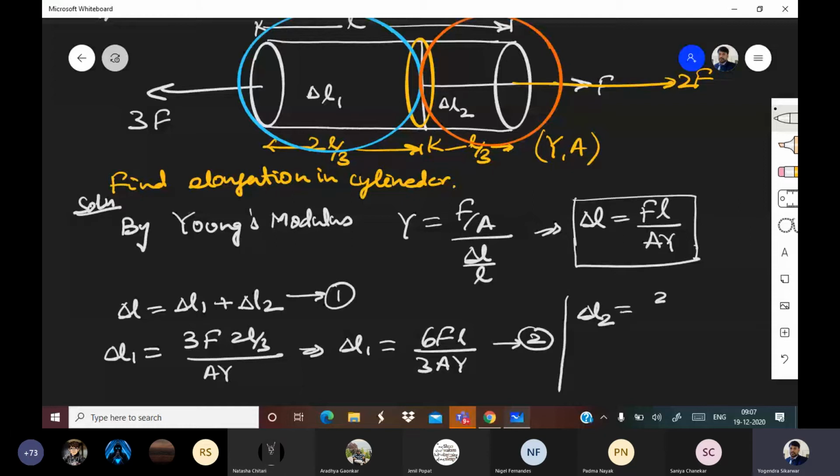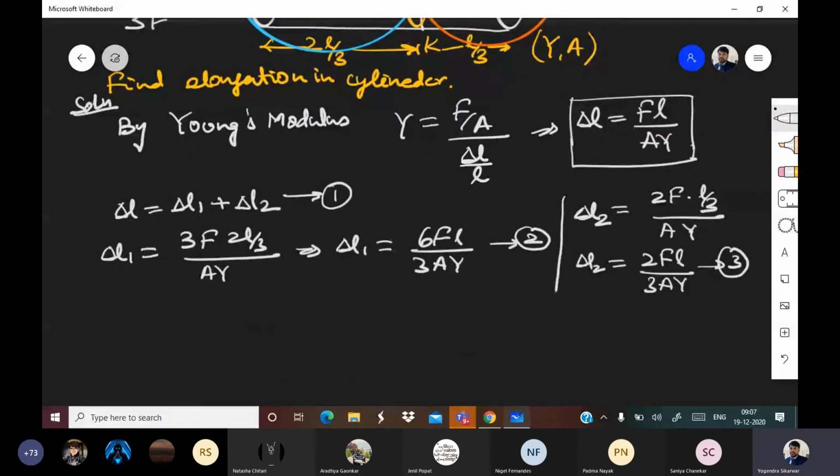So delta L2 is equal to 2F into L by 3 upon area A and Y is Y. So delta L2 comes out to be 2FL upon 3AY. This is equation number 3.